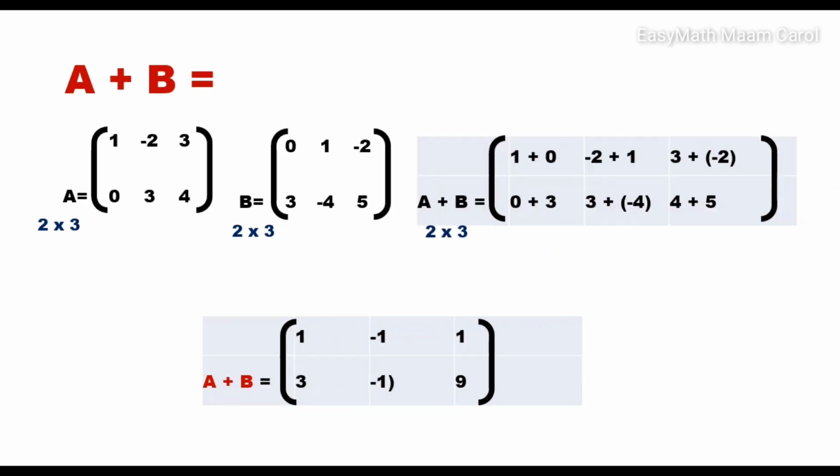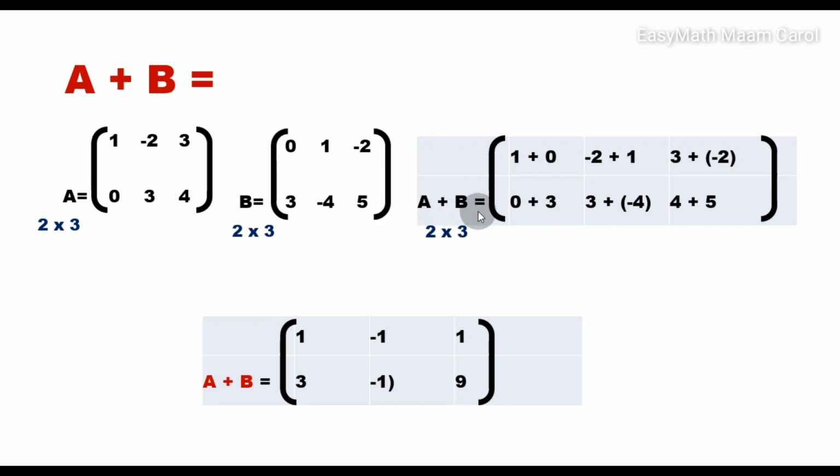So, let's start with the very first operation, yung A plus B. Para makita nyo kung ano yung development o yung proseso ng operation, inuulit-ulit ko na isulat ulit yung mga given. So, ito yung given na A, ito yung given na B. That's for our reference.